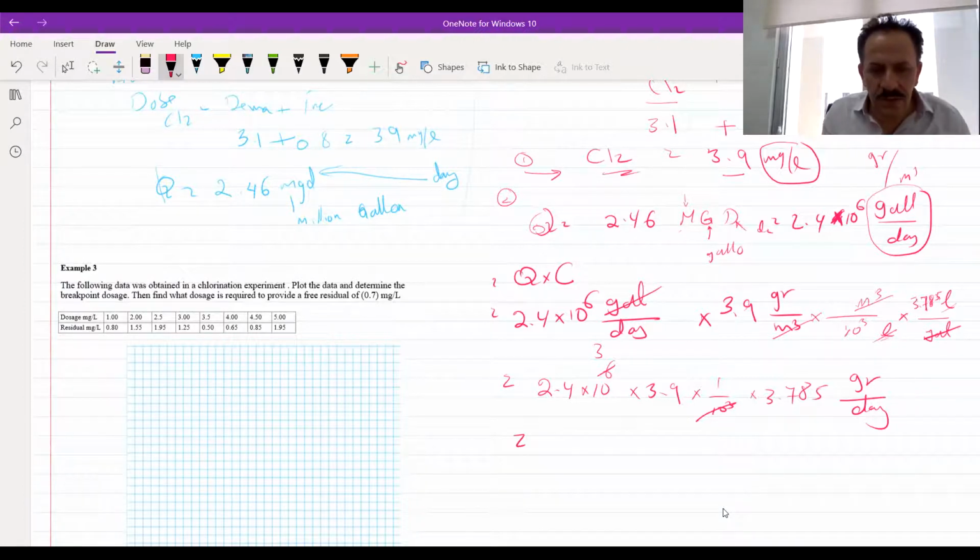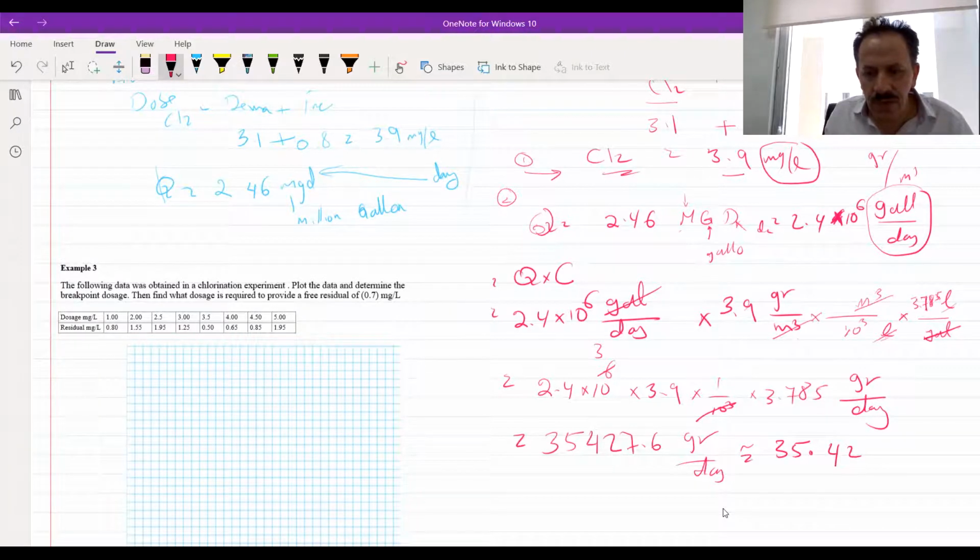So the result is how much? 35,427.6 gram per day. Means how many kilograms? 35.42 kilogram per day. Am I right? Yes, doctor.